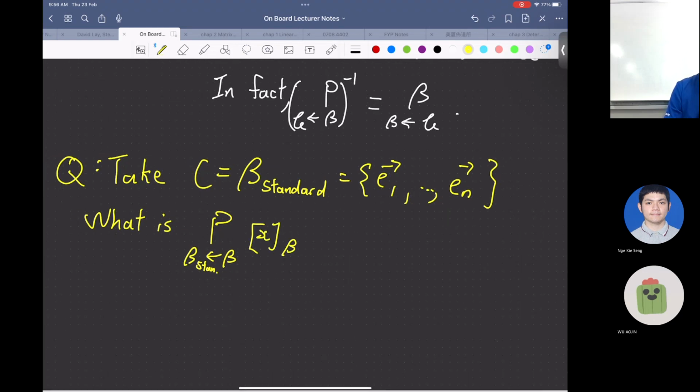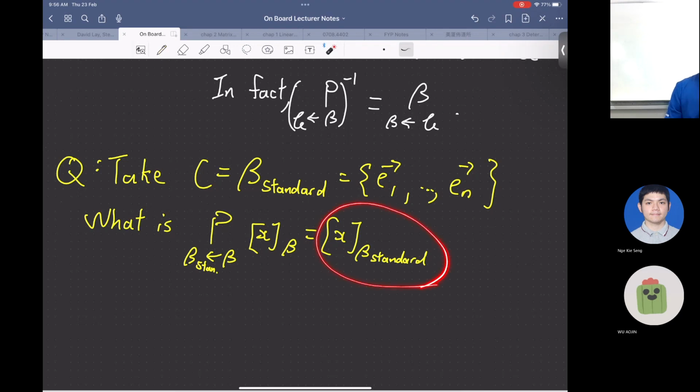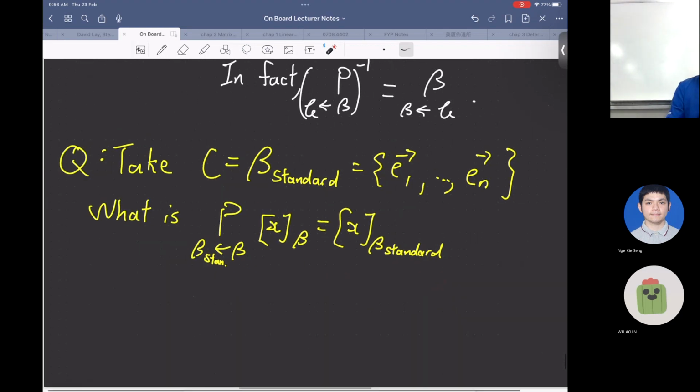What is this doing actually? Does anyone know what this part simplifies to? The coordinate vector for the vector in terms of the standard basis.